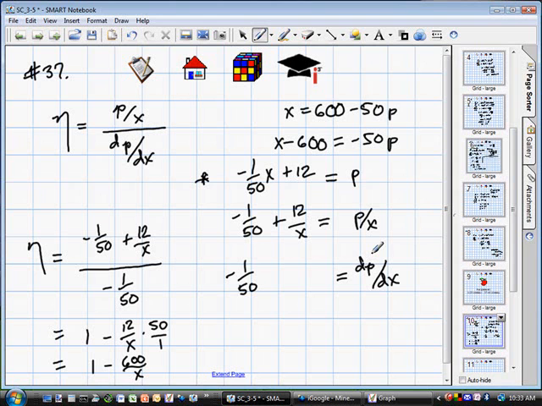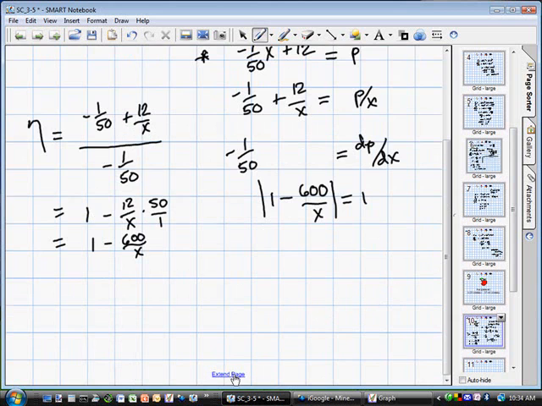So when will that equal 1? I've got to think that through.